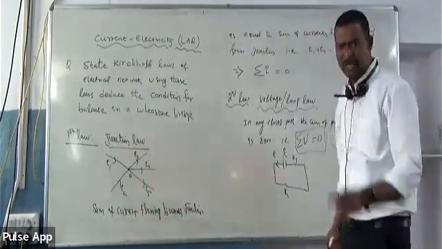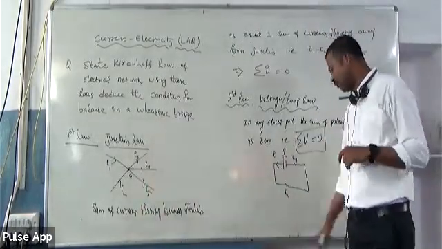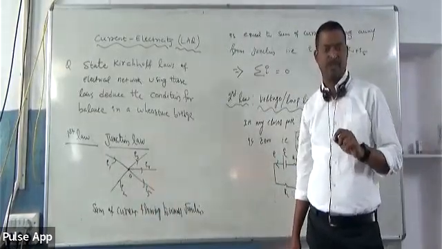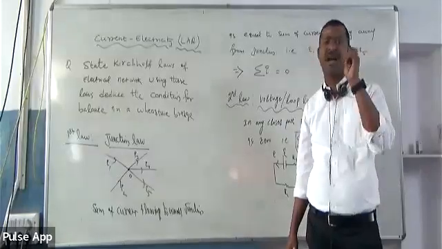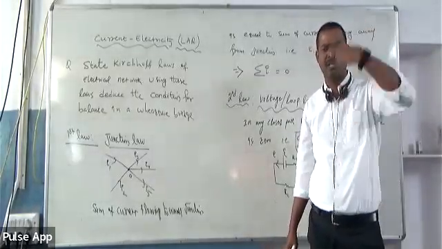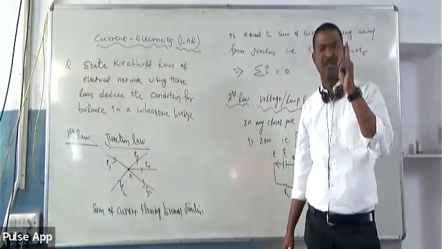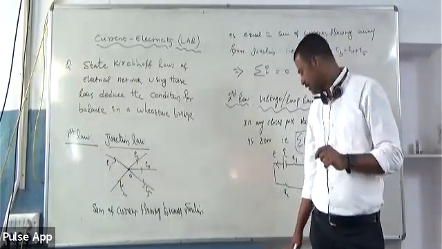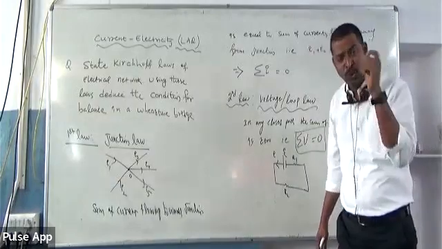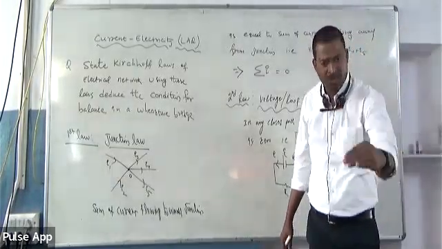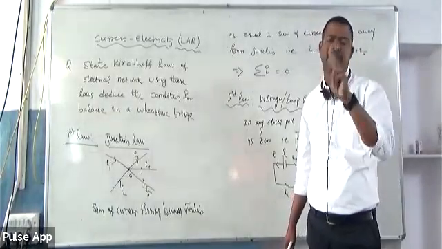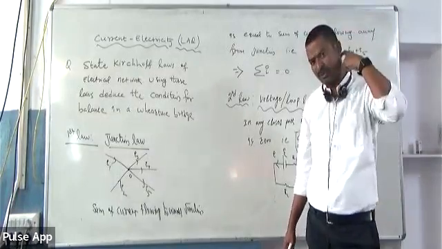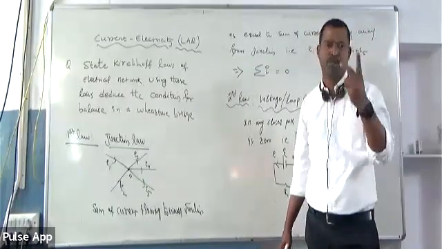For this, we need to know that the algebraic sum of the total voltage is 0 when we are moving in a closed loop. First of all, we need to define our loop and the direction we are considering. Then in this closed loop, when we move from high potential to low potential, the potential difference will be negative. And when going from low to high, that will be positive.